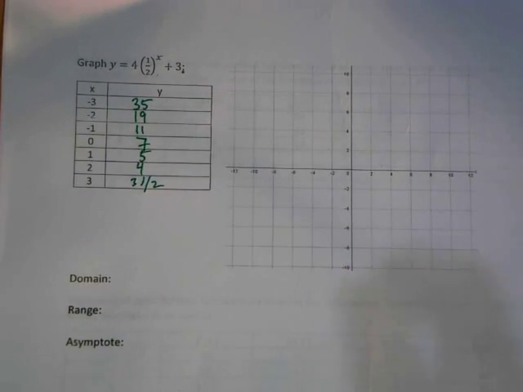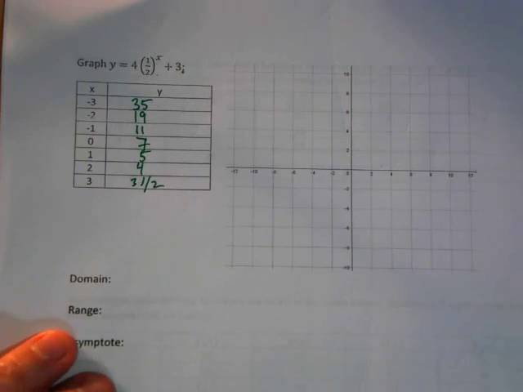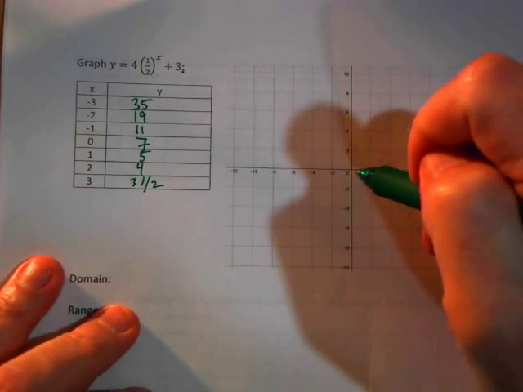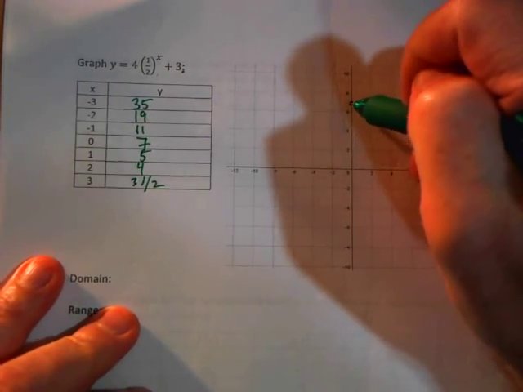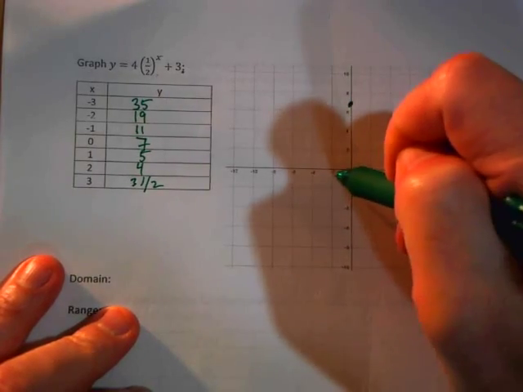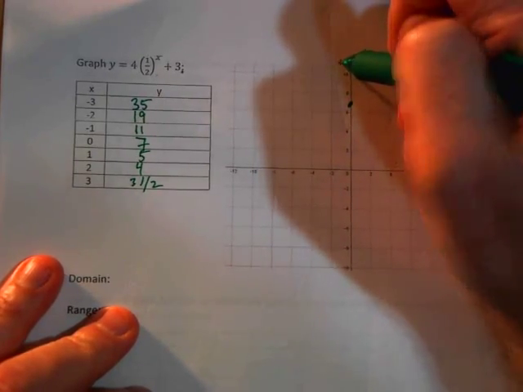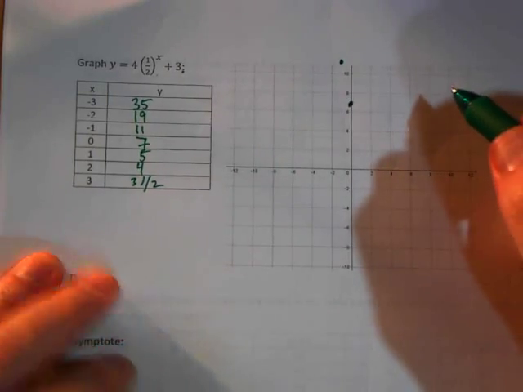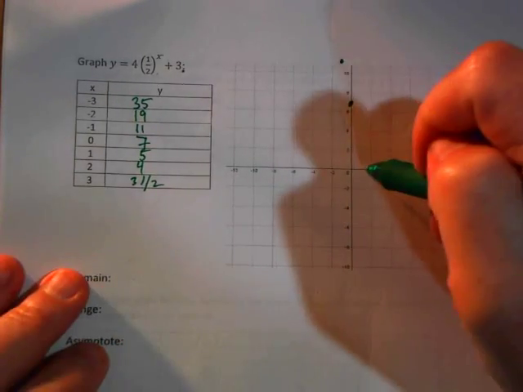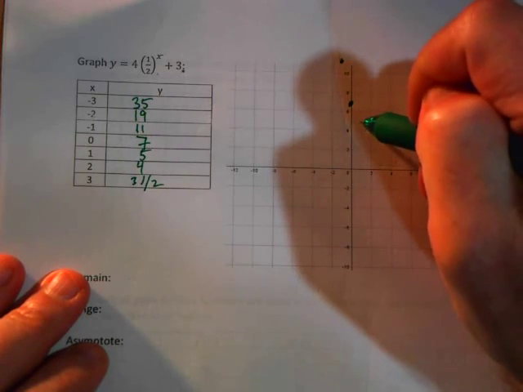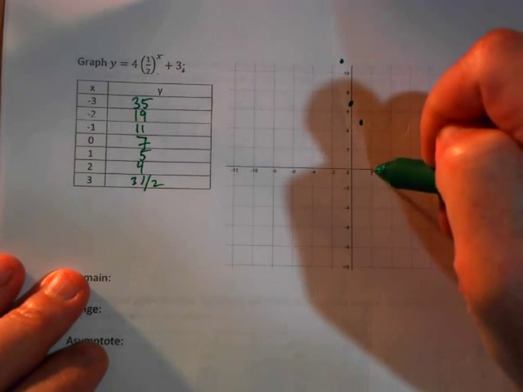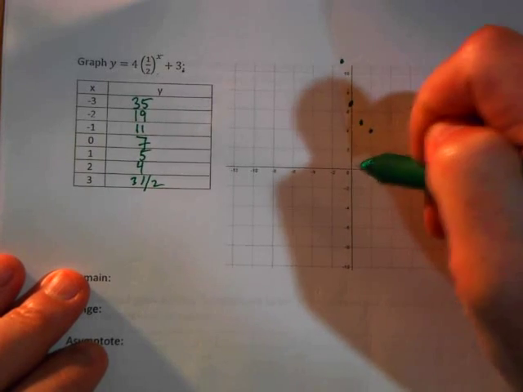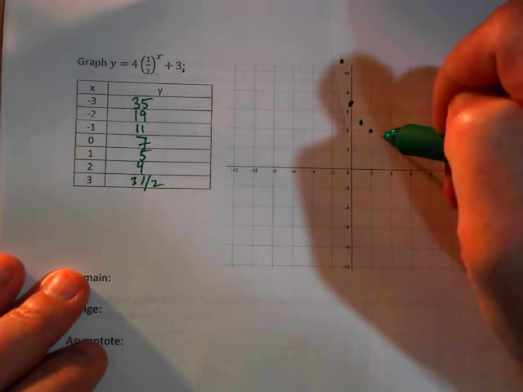So our graph looks like so. Drawing some points here. 0, 7, negative 1, 11, negative 2, 19, way up off the grid, 1, 5, 2, 4, 3, 3.5.